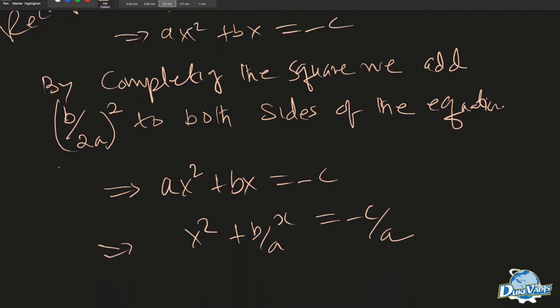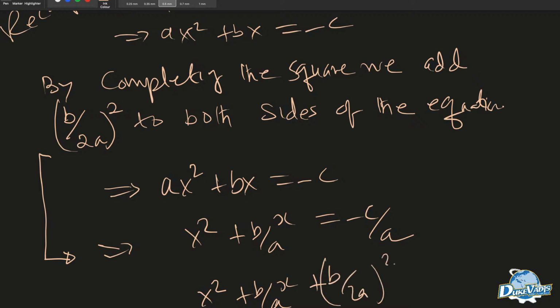Then we add (b over 2a) squared to both sides of this equation, and we say x squared plus (b over a) x plus (b over 2a) squared is equal to negative c over a plus (b over 2a) squared.